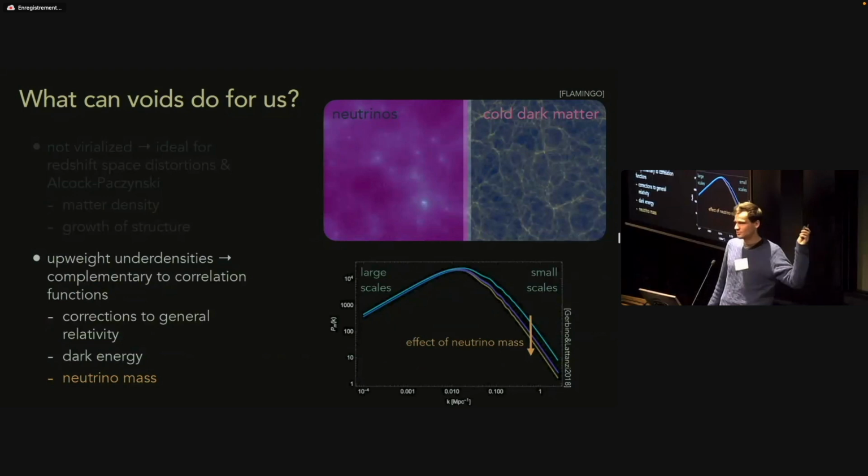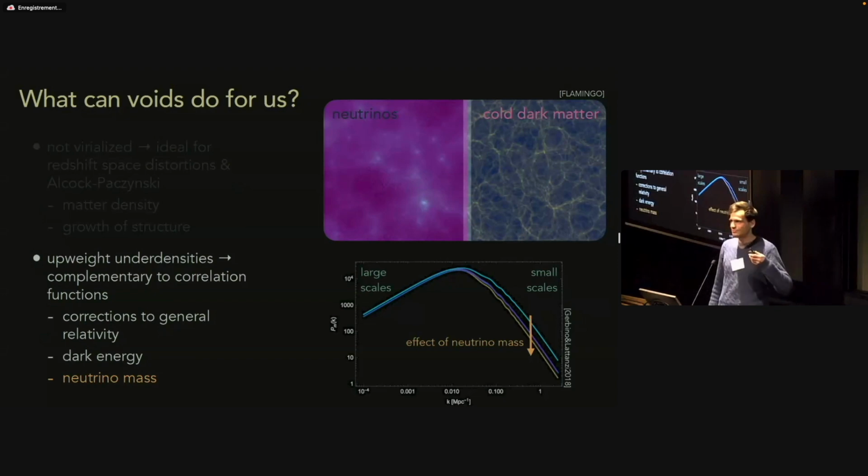The classic, most robust case is the Alcock-Paczynski type of test, which I'm not going to talk about. What I want to talk about is that voids, being very underdense regions, are ideal for looking at diffuse components in our universe.